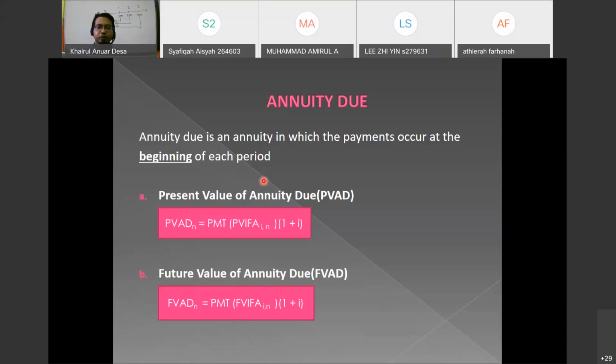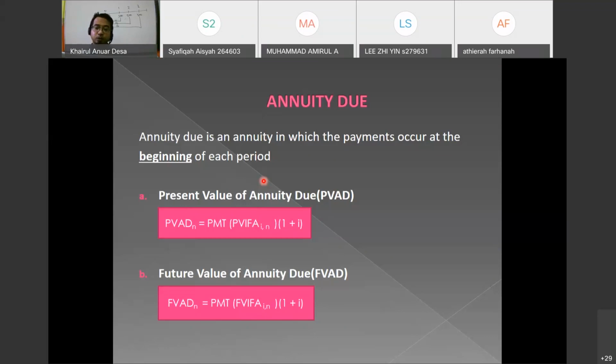All the questions will clearly state the payment, either the payment in or payment out, happens or occurs at the beginning of the year. Tak kira lah apa perkataan dia guna, tetapi dia akan menunjukkan pembayaran tersebut berlaku awal tempoh. At the beginning, at early of the month, start early of the month.